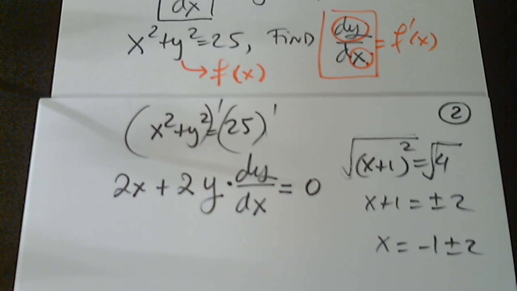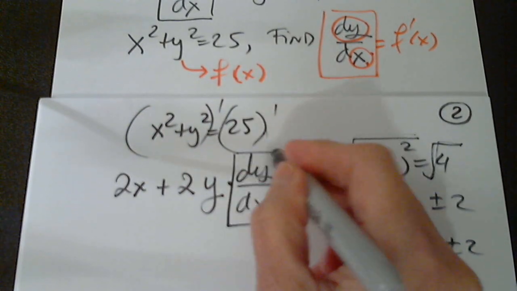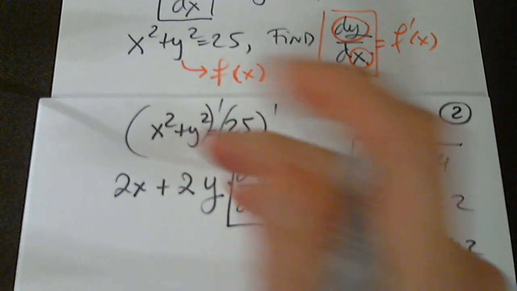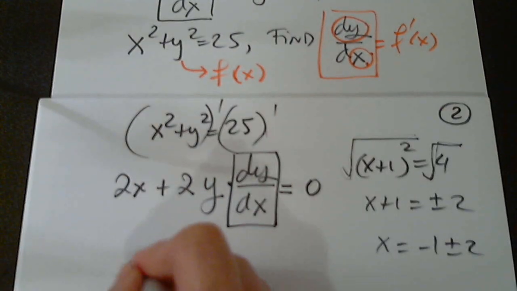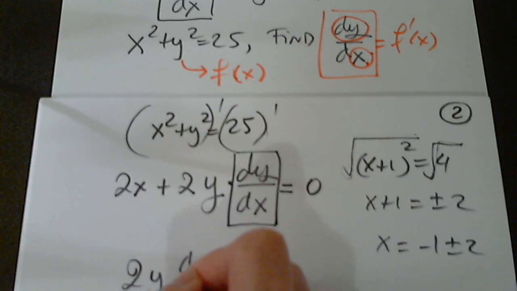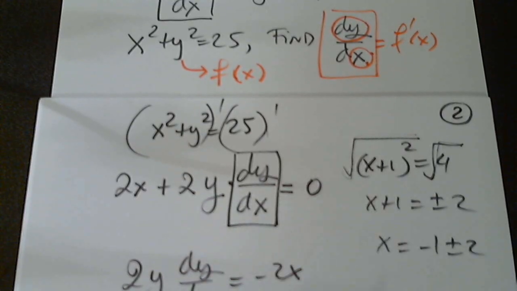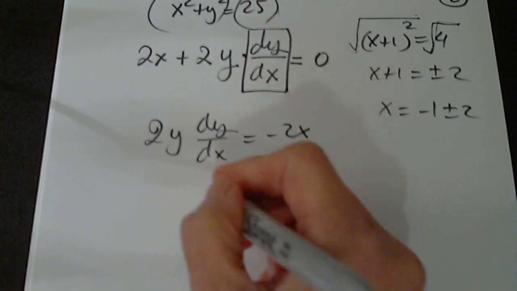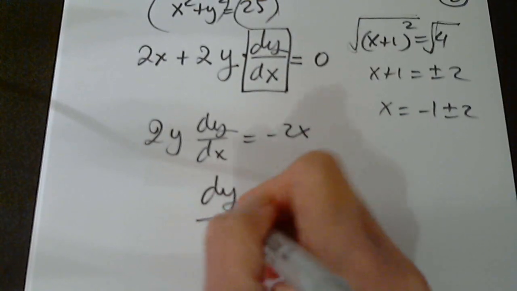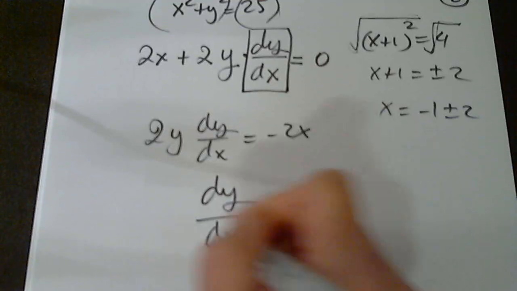The next step, I have to solve for dy over dx. I will move 2x to the other side. I will divide both sides by 2y. And I get negative x over y.